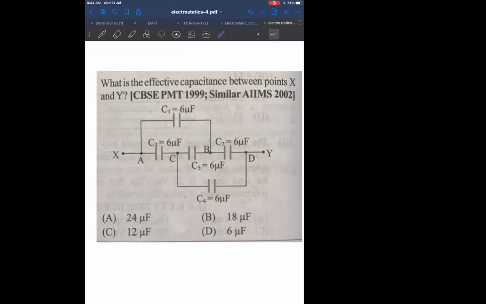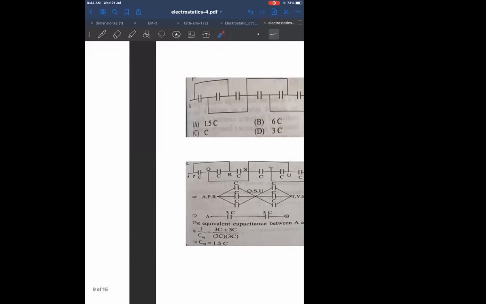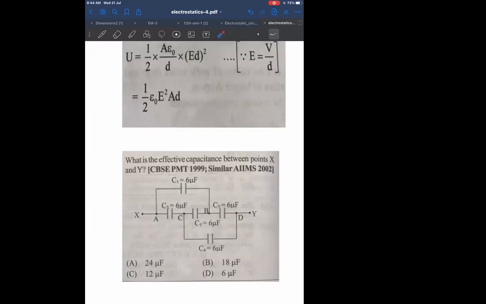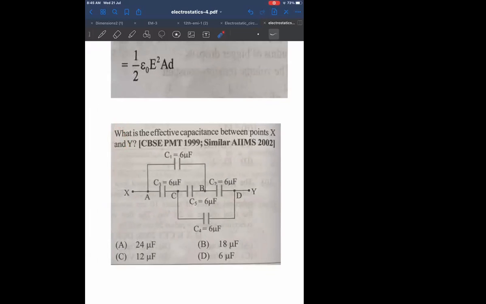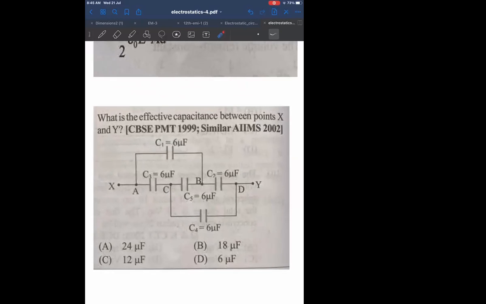Can you try to solve this question now? At least think whether you're getting it. 6 is the answer. Everyone getting it? Hetvi, you asked this question, right? No, sir. Rajvi. Raju, did you understand the circuit now? Yes, sir. So all of you make a note. If this kind of circuit comes, then it is Wheatstone.